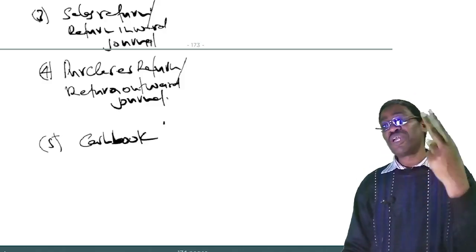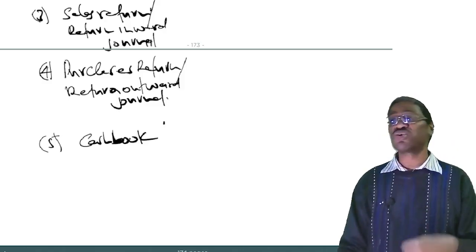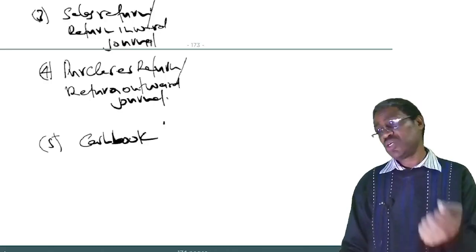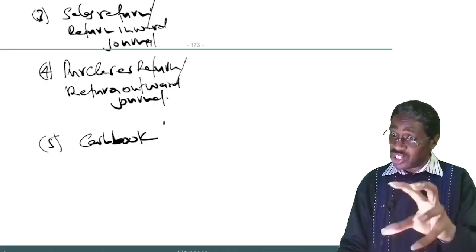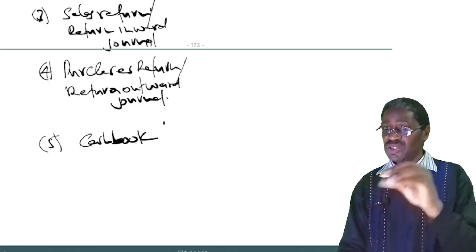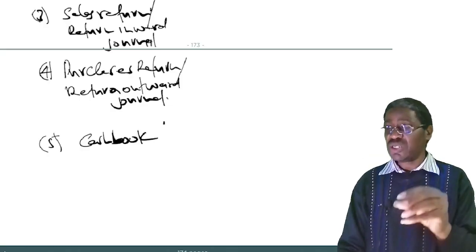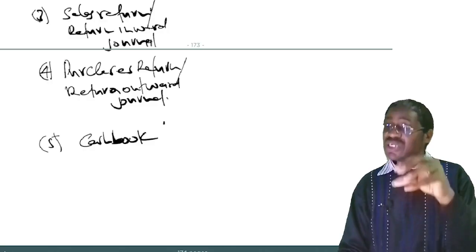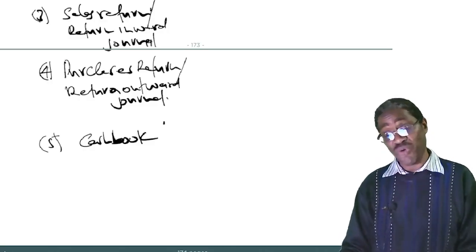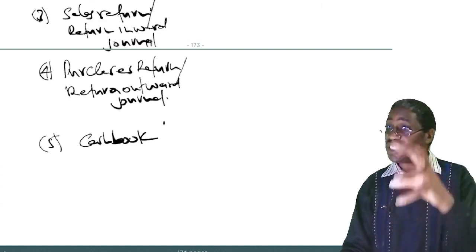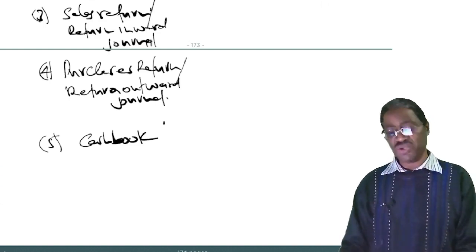You know we normally have what we call a 2-column cash book and a 3-column cash book. The two main columns there are the cash column and the bank column. So when we say a cash book, we are referring to the cash account and the bank account. Good. So we normally consider it as a book of original entry.